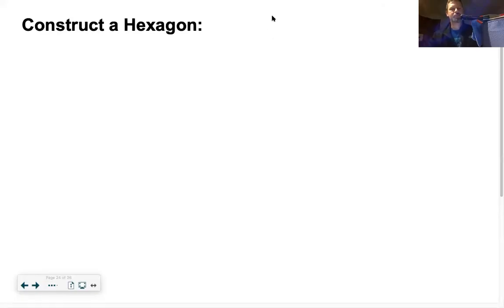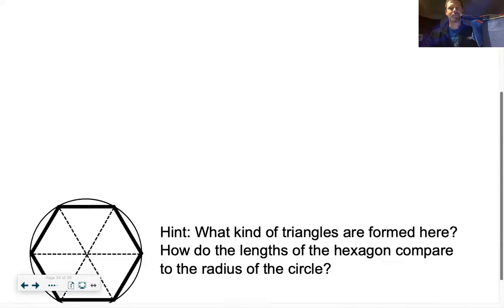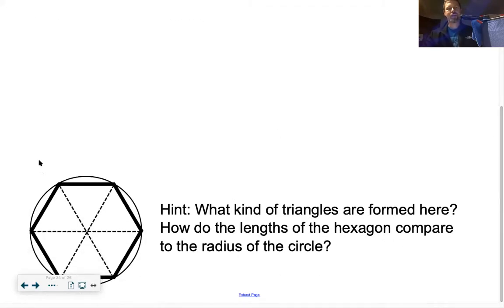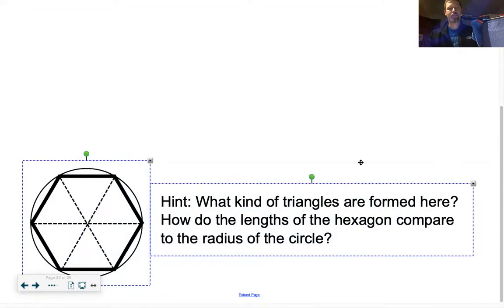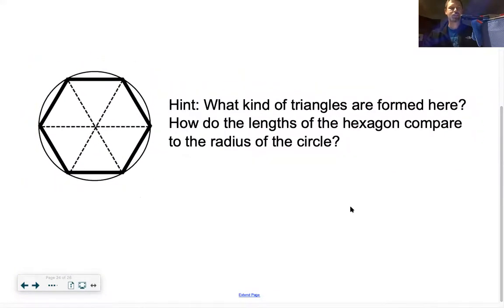All right, next up, how to construct a hexagon. I've got a handy hint for that one as well. Here we have a hexagon that is inscribed within a circle. But we got a question here. What kind of triangles are formed here? So when I put a hexagon inside of a circle, what kind of triangles are they? If that's a regular hexagon, well, in a regular hexagon, these angles are 120.